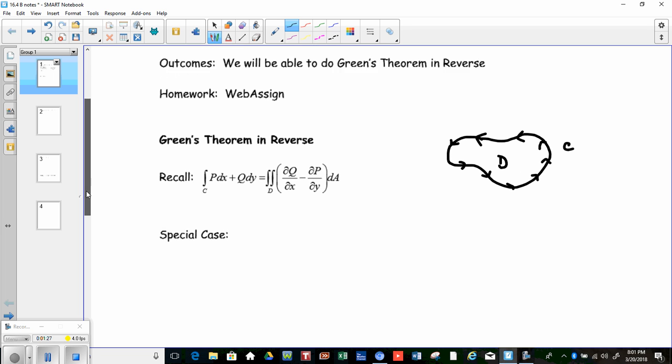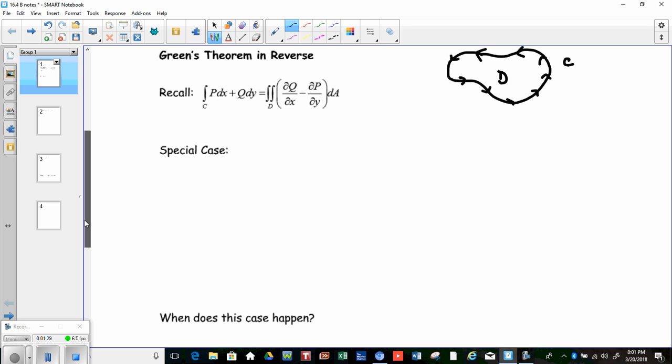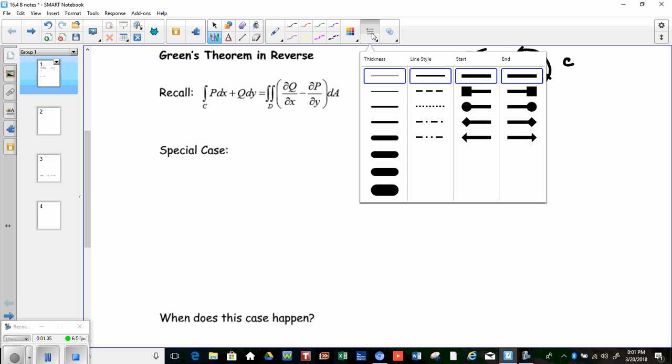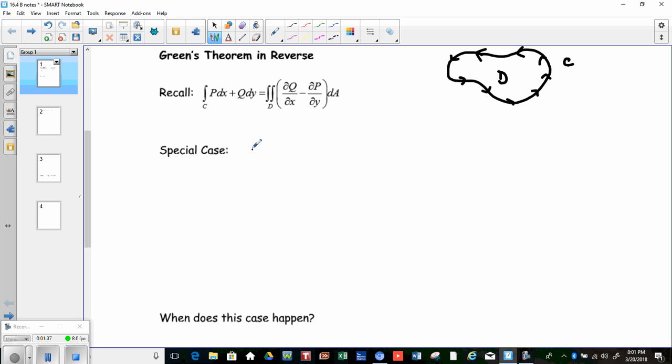Well, this really only happens if you have a special case. So let's define when that's actually going to happen. This only happens when dQ/dx minus dP/dy equals 1.